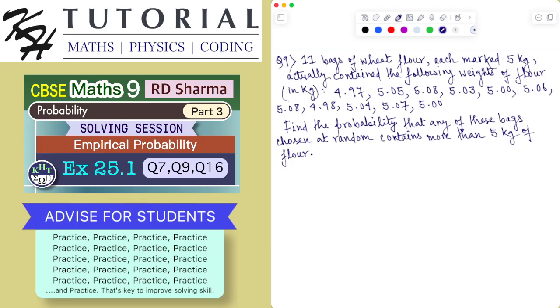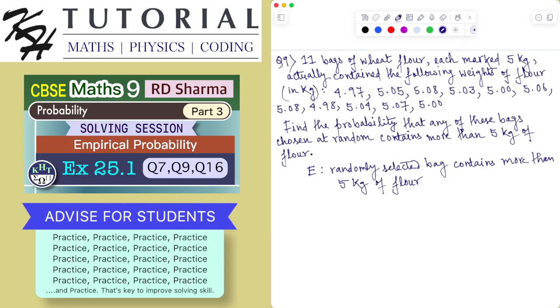Now if I consider E to be the event that a randomly selected bag contains more than 5 kg of flour, let's try to analyze this problem as an experiment.